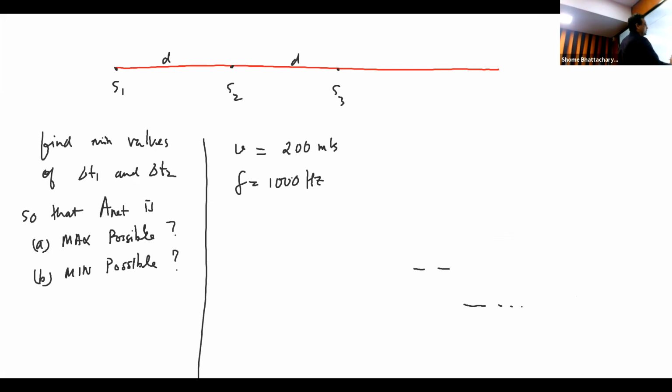Okay, so now see what we'll realize is that we have already seen that this 2 pi by lambda into d, we have already calculated that before. This was pi by 3.